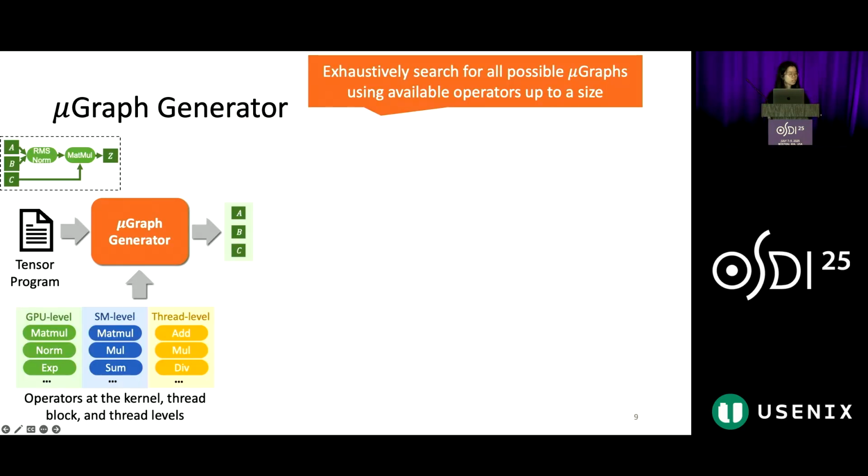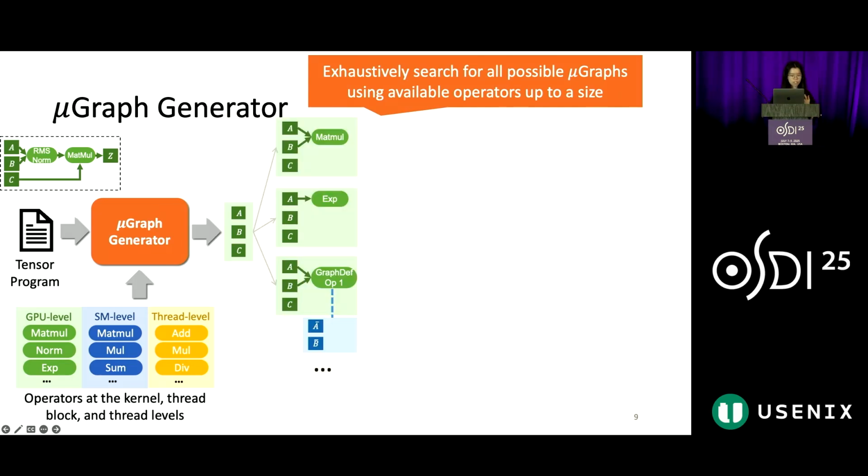In the MuleGraph generator, Mirage maintains a library of operators at all the kernel, thread block, and thread levels, and exhaustively searches for all the possible MuleGraphs up to a certain size using these operators. For example, here, we start from the input tensors and try to generate the first operator, which can be a matrix multiplication, an exponentiation, or a graph-defined operator.